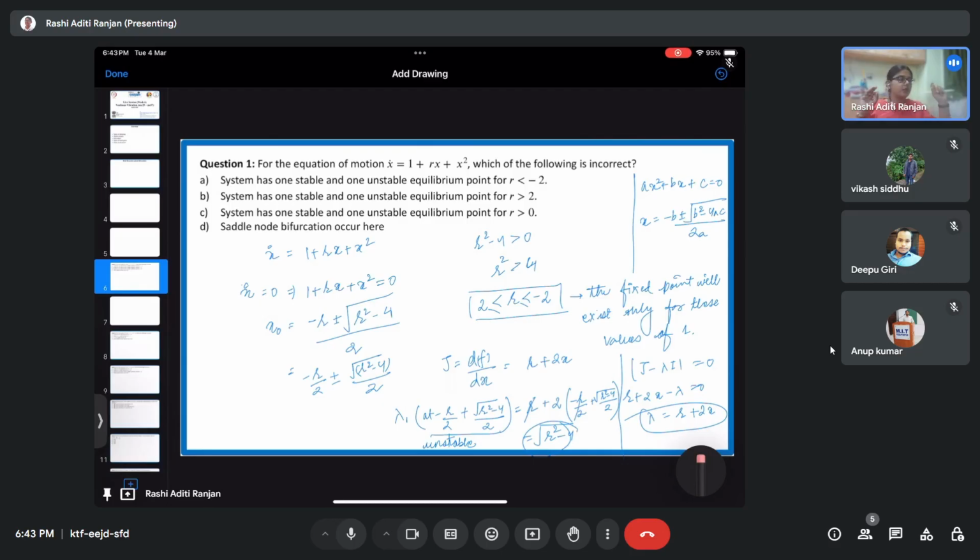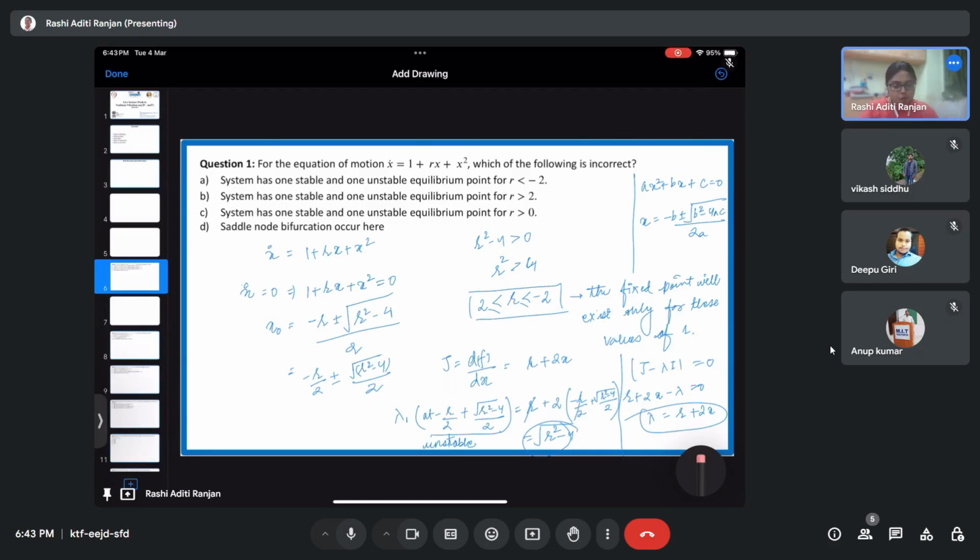Further, when I go from -2 towards 2, there is occurrence of a half stable fixed point which further diverges into two fixed points, out of which one is stable and the other one is unstable. Correct? So in one case, the saddle node bifurcation leads to the occurrence of two fixed points, and in the other case, the two fixed points come together and disappear. Both are the case of saddle node bifurcation. I hope this is clear.